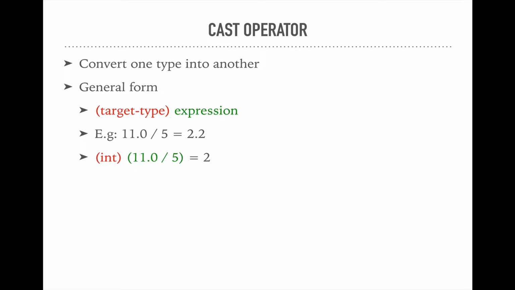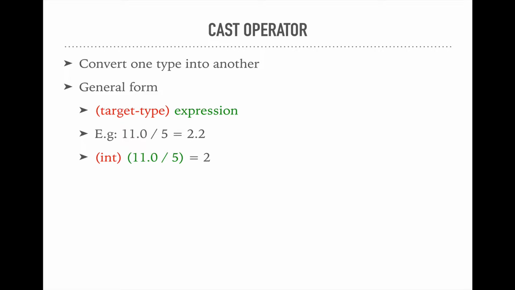So int here is the target type. And we can see the outcome of this expression after the cast operator is equal to 2. Because the cast operator converts the outcome of the expression from double to int, it discards the fraction part and only keeps the integer part.